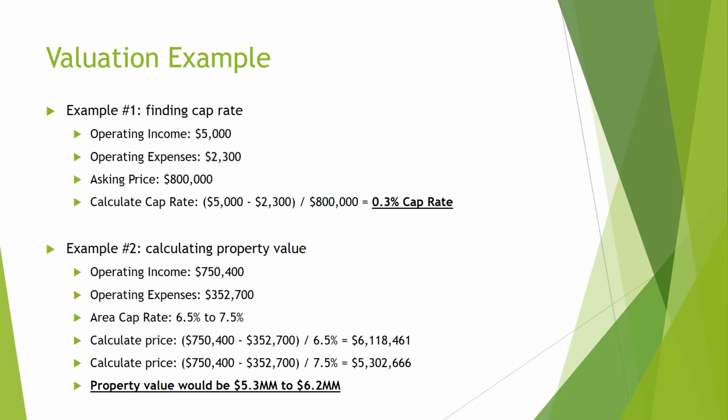So when we look at the conditions, we know the NOI, we know the area cap rate range, then we can put the property value between $5.3 and $6.2 million. And this is how we evaluate a property when we don't know an asking price. We look at the NOI, we look at the immediate submarket cap rate, and that's how we evaluate the property.